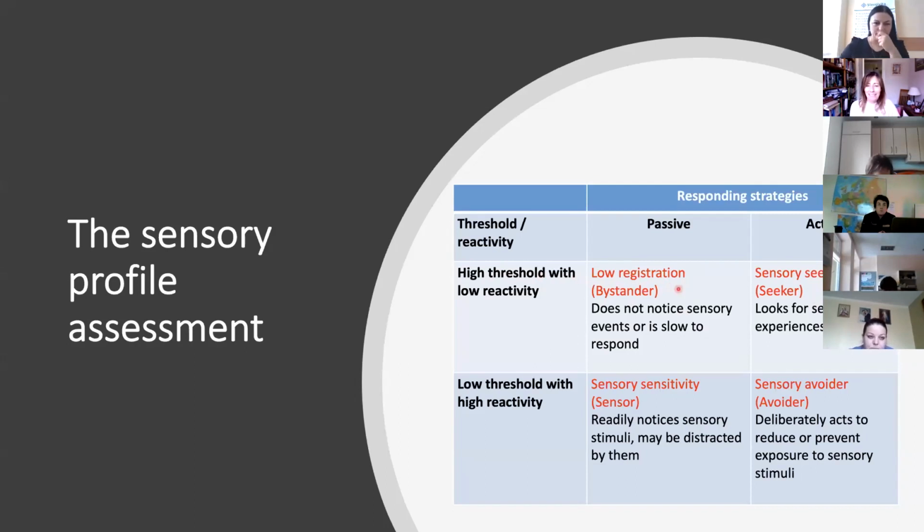This is me. So I'm the kind of person, most people will say I'm very calm, I don't get stressed, I'm easygoing. Well, actually, the reality is I haven't noticed all the stimulation that's going on about me. So I sort of drift through life. Consequently, I sometimes miss stuff.